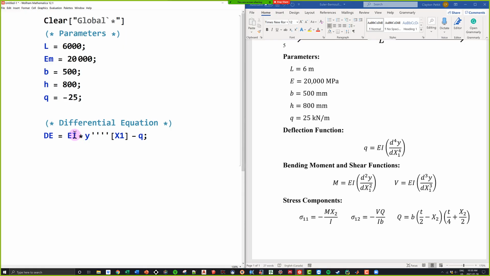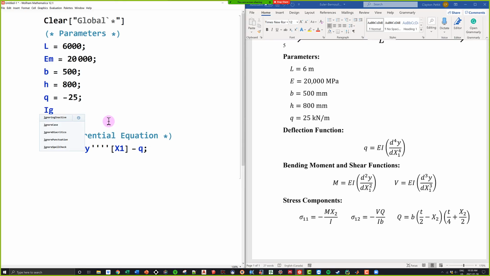But now we have a problem, because if we look right here, EI is not defined. We haven't defined what that is. So I'm going to come up here and first define my moment of inertia. If I have a square rectangular beam with a base B and a height h, what is the moment of inertia for a rectangle?